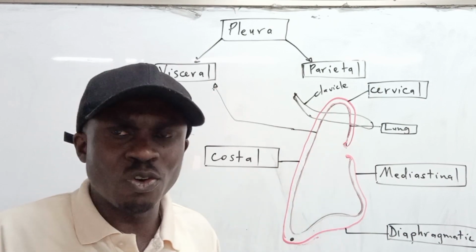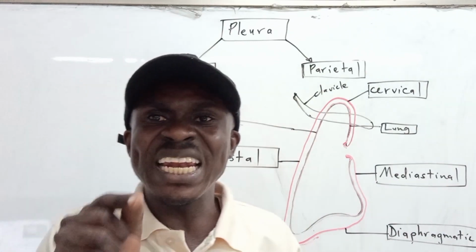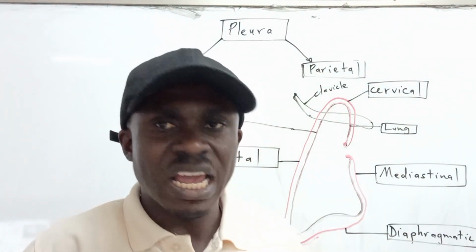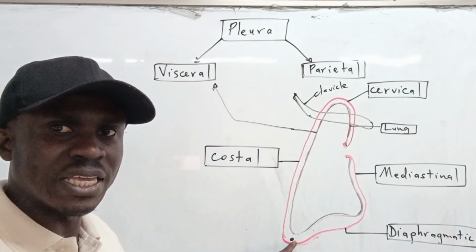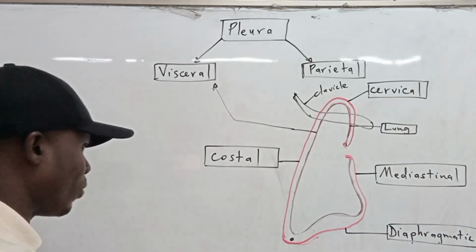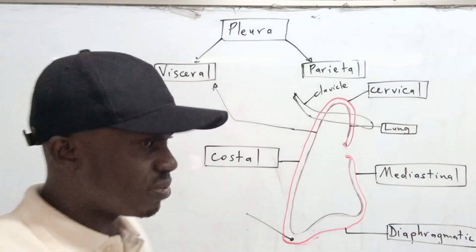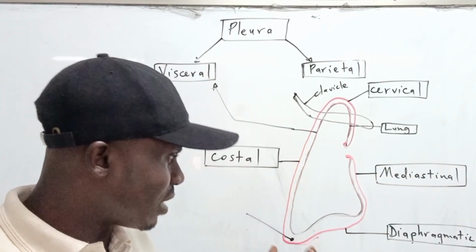But because of gravity and all that, what is the dependent site? The dependent site is that site where a lot of the fluid will get collected. And my friends, it's mainly at this point, which I'll mark with this black thing over here. It's mainly at this point, and my friends, that space over there between this costal pleura and the diaphragmatic pleura.